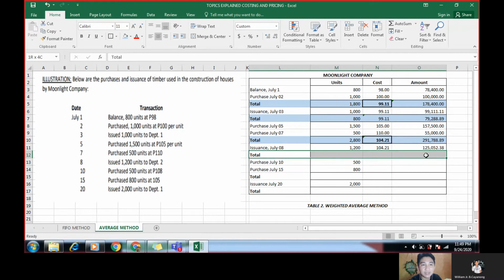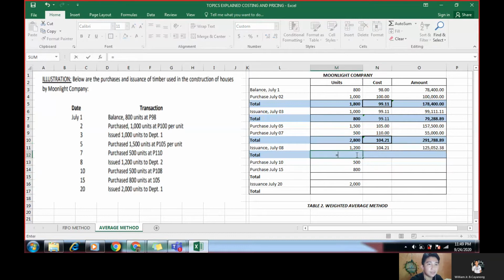Dahil issuance yung kasunod na transaction natin, meaning mababawasan na naman yung inventory natin. Lagyan natin ng bold 'to, hindi tayo malito. Ayan yung mga review. Okay, ayan.